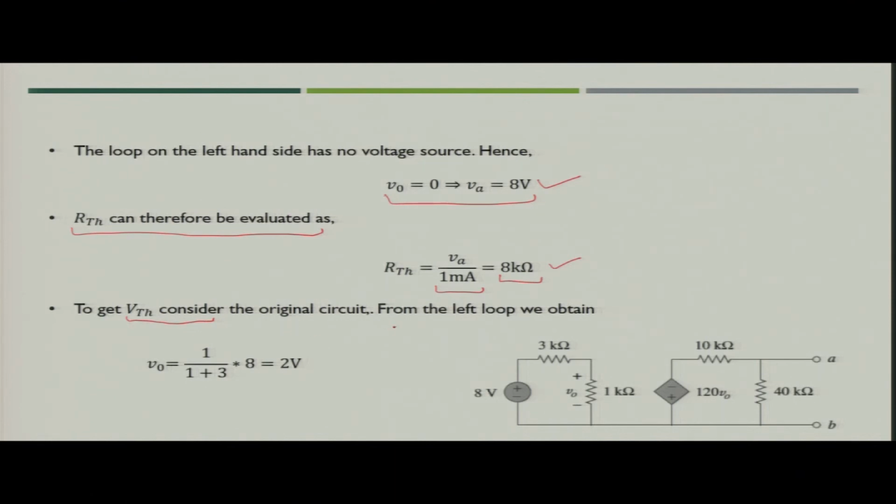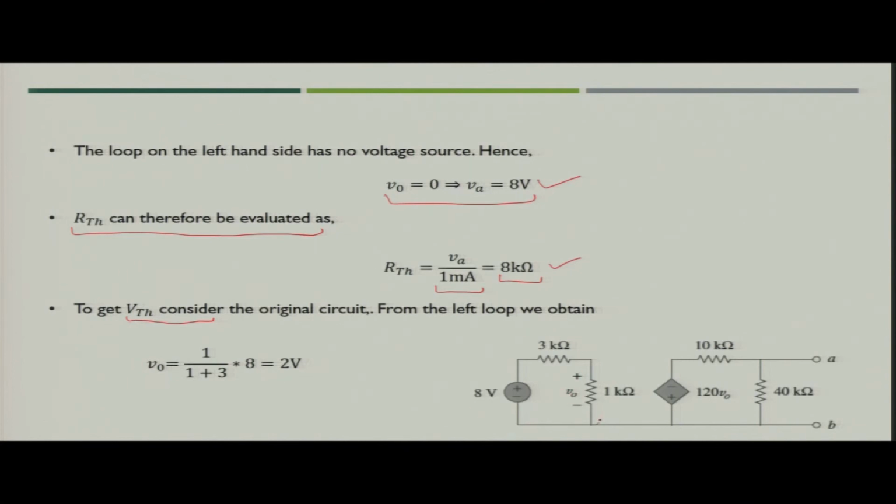So, what we have to do now? You have to take the original circuit. So, you will retain the sources now. The voltage source which we short circuited in the case of RTH will come back in the circuit again, and now we have to find out the value of the voltage which is across 1 kilo ohm, that is V naught.